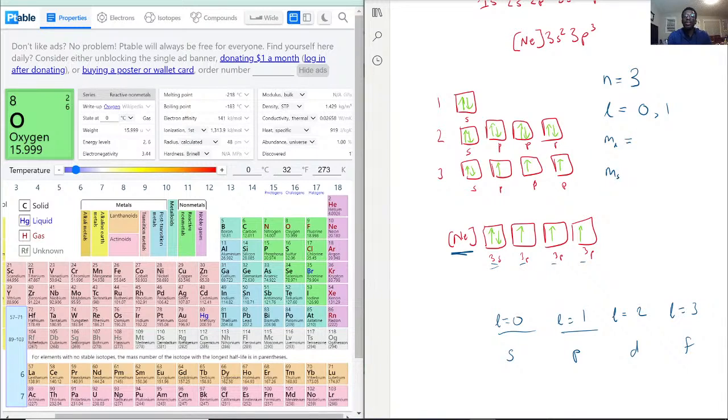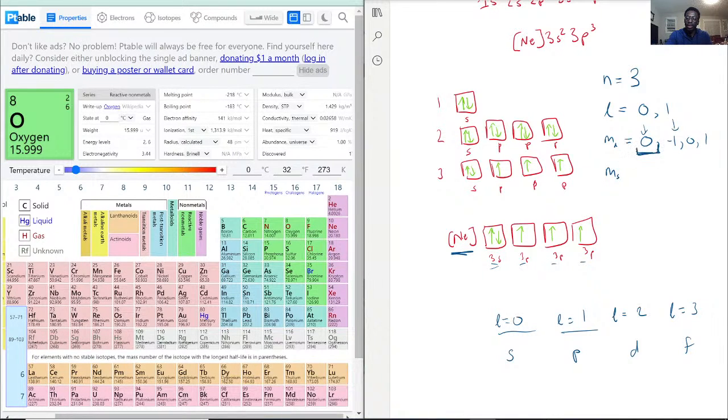ml is the possible positive and negative values of your l. So if you look at your l, okay, we can have either 0, okay, for the 0, and then for the 1, we can either have -1, 0, or 1, okay?